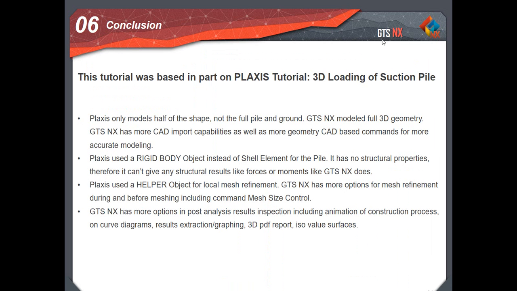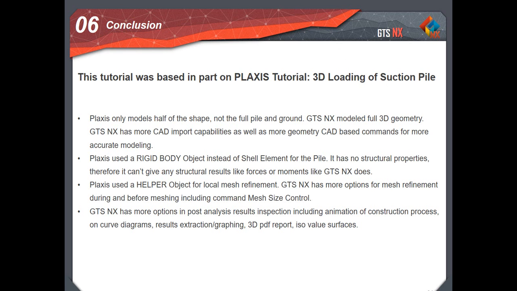So in conclusion, I just want to point out again, this was used as a way to compare and validate results between the two programs. But the main difference is that in this Plaxis tutorial called 3D loading of suction pile, they only model half the shape. We modeled the full shape, and this is actually a very simple geometry that we were generating.